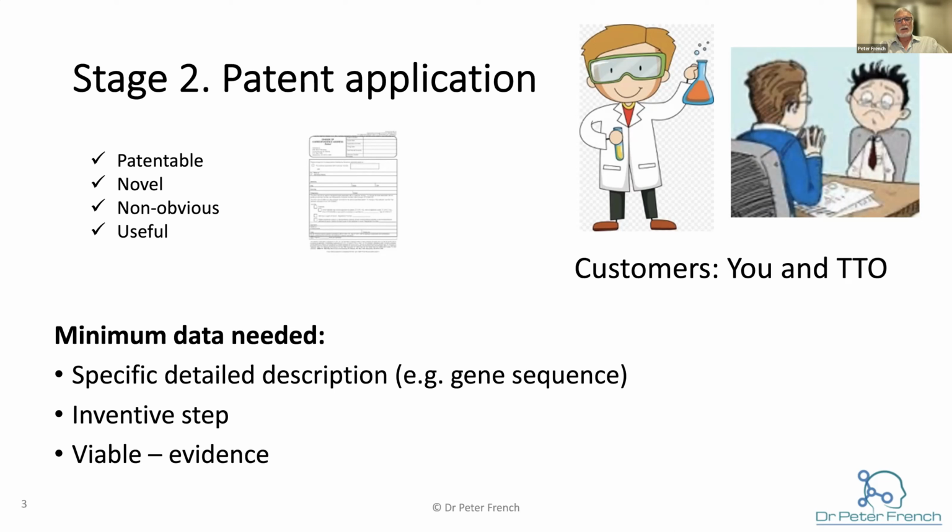But seriously, the cost of taking an idea to the market through the regulatory hurdles is enormous, in the tens to hundreds of millions of dollars. And to be able to raise that sort of money, you need to be able to have exclusive ownership of the idea for a period of time, which is what a patent gives you.